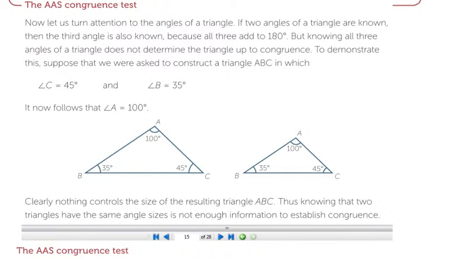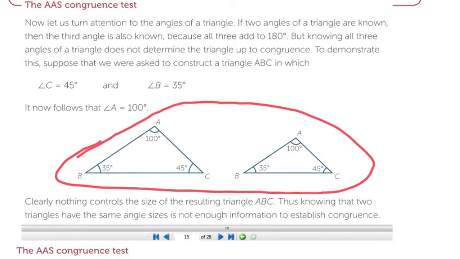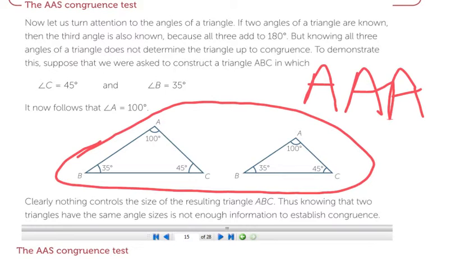As we can see here, we have the angle side congruence test. In the diagram, we can see two triangles that have the same angles. So this is showing us why angle is not a congruence test.